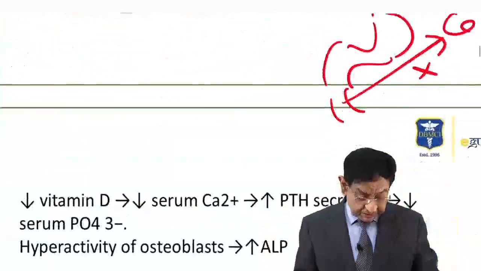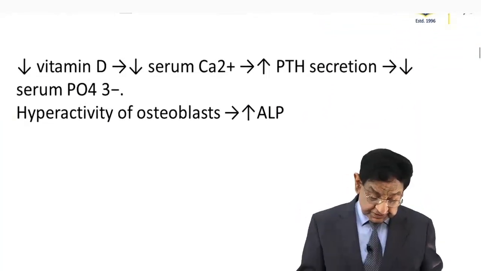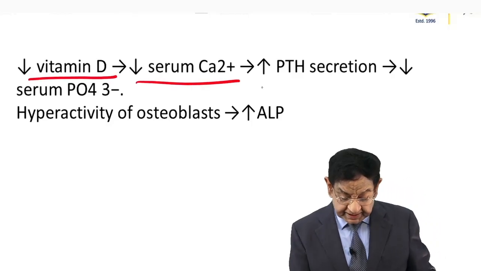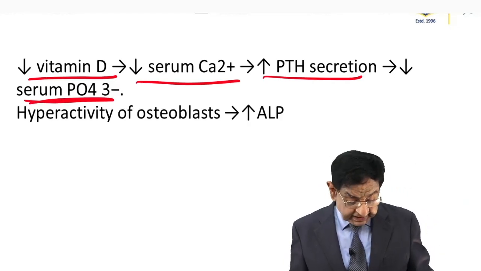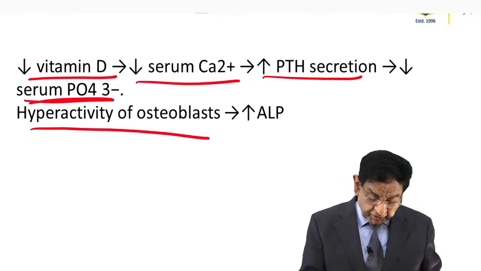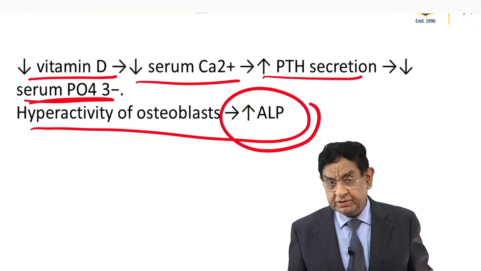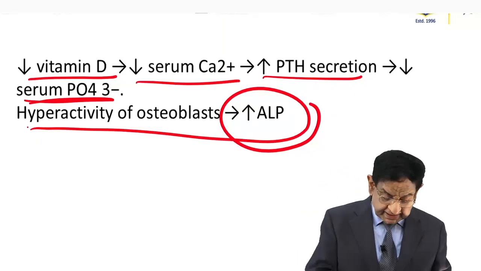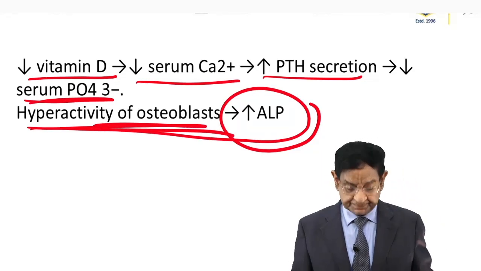Okay, so friends, decreased vitamin D, decreased calcium level, increased PTH, and that leads to reduced serum phosphate level in the nutritional variety. Hyperactivity of osteoblasts leads to increased alkaline phosphatase. Point to be noted, usually in rickets and osteomalacia, osteoblastic activity is increased, and that leads to increased alkaline phosphatase.